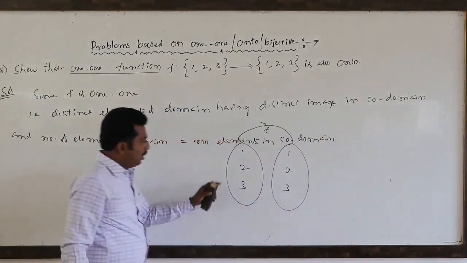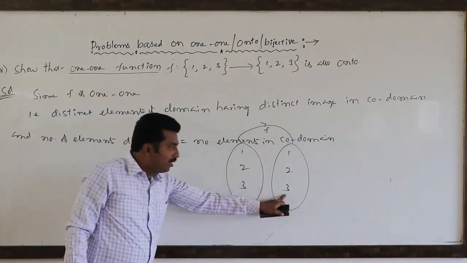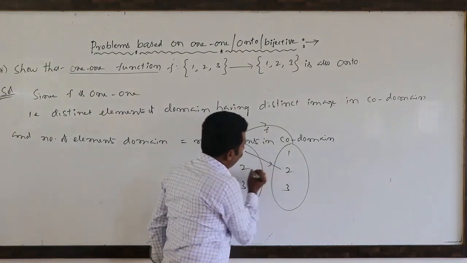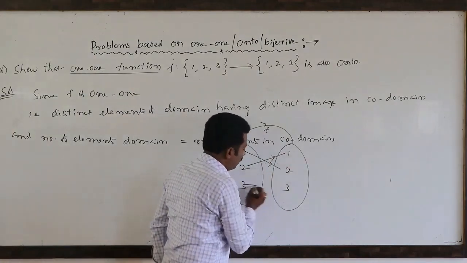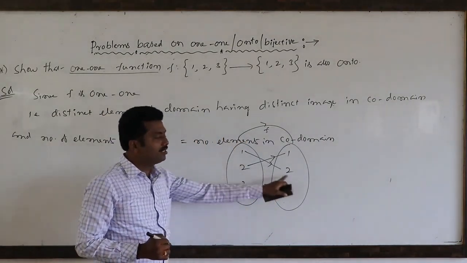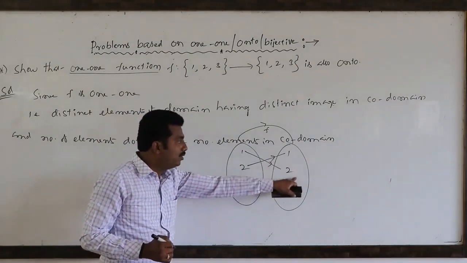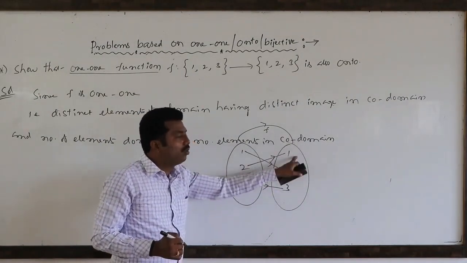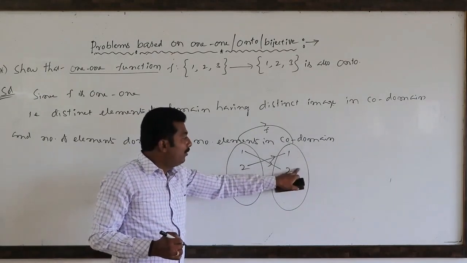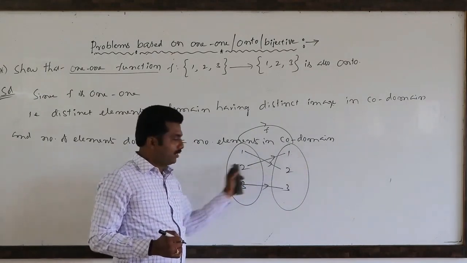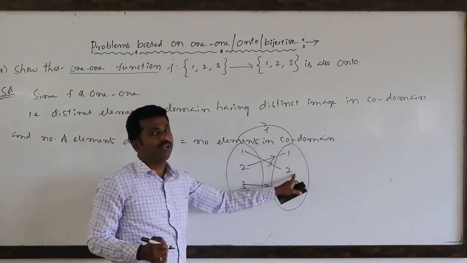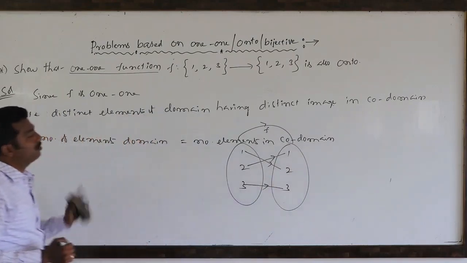See here, both are the same. Suppose 1 is related to 2, 2 related to 1, 3 related to 3. So distinct elements in the domain have distinct images. At the same time, all the elements of the codomain have pre-images, so no element is left in the codomain, hence f is also onto.